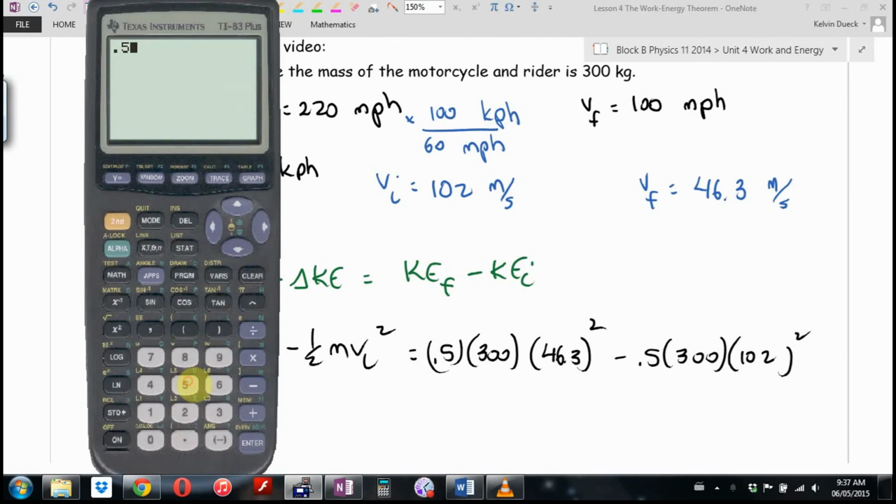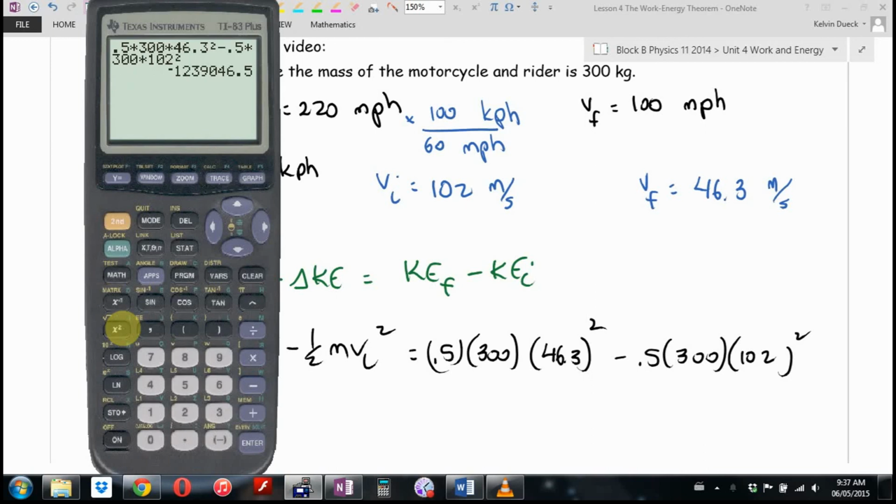A half times 46.3 squared minus a half times 102 squared. Do you get that? Negative 1239 and so on.